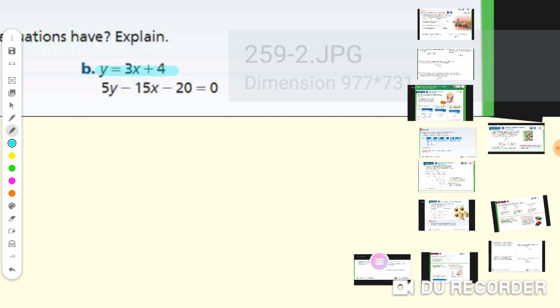So the slope here equals 3, and the y-intercept equals 4. Okay? What about the second one? I can't find the slope. It's not easy to find the slope this way. Take care. Don't say that the number beside x is the slope. It's wrong. It's wrong at all.